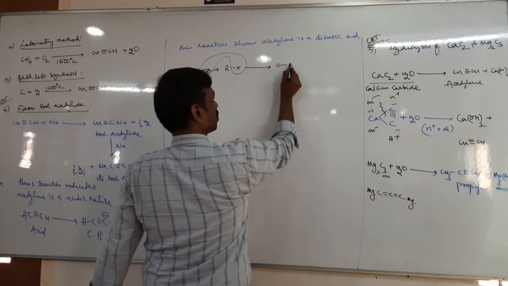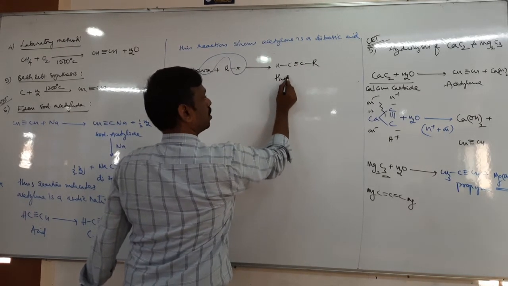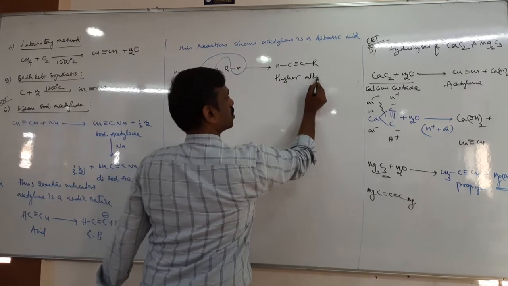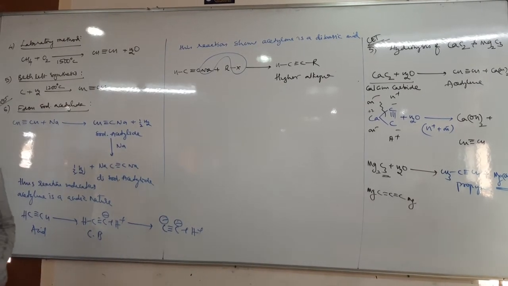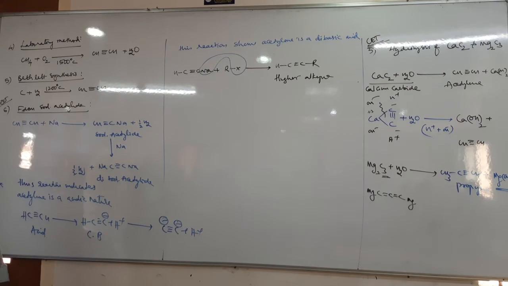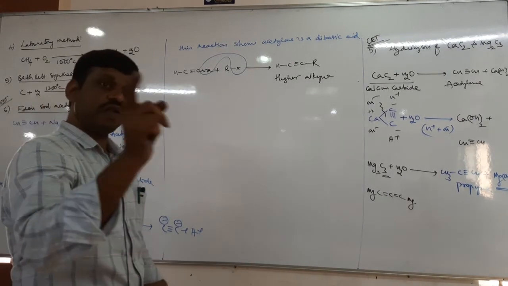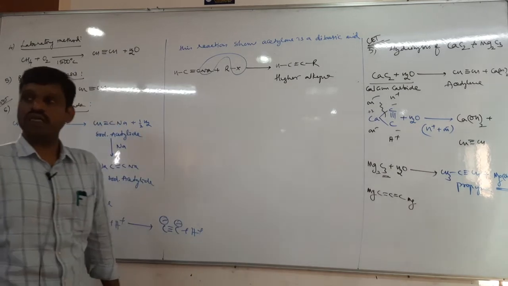Then the product is what? Which is called higher alkynes. That is, you can prepare the higher alkynes from what? Acetylene. First we have to convert acetylene into what? Sodium acetylide. That sodium acetylide further reacts with any alkyl halide, which gives a higher alkyne.